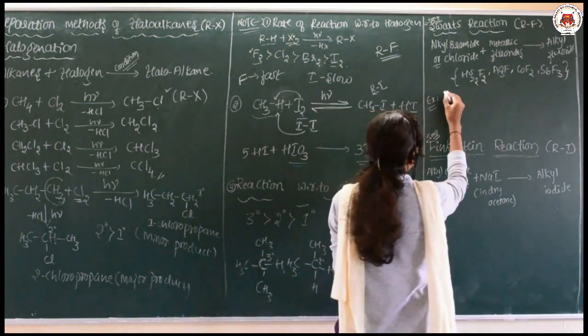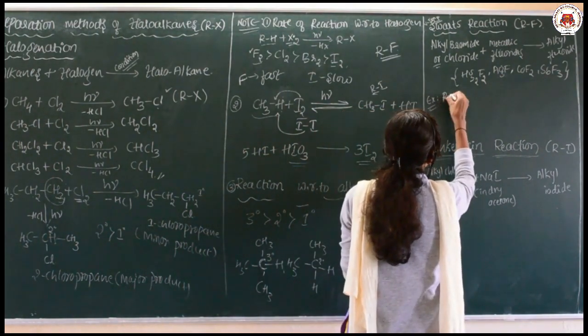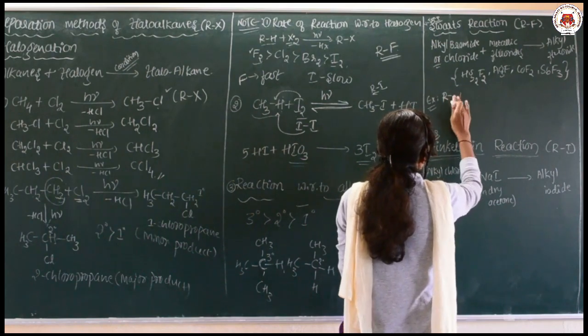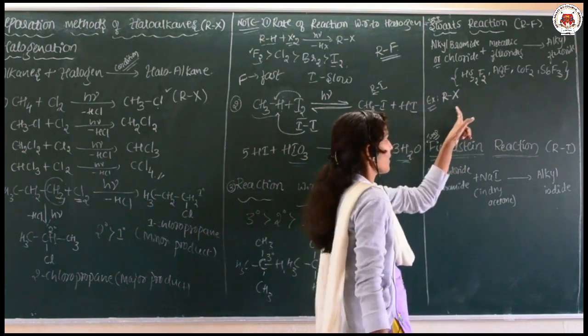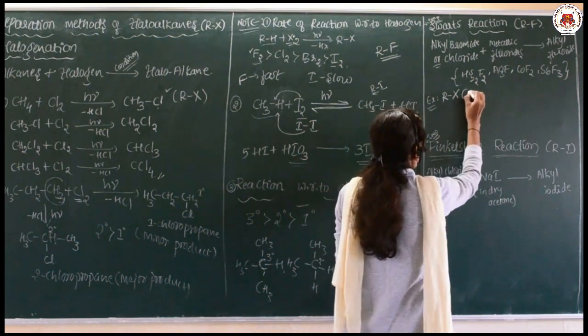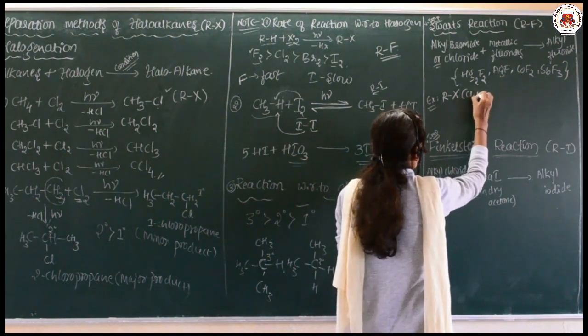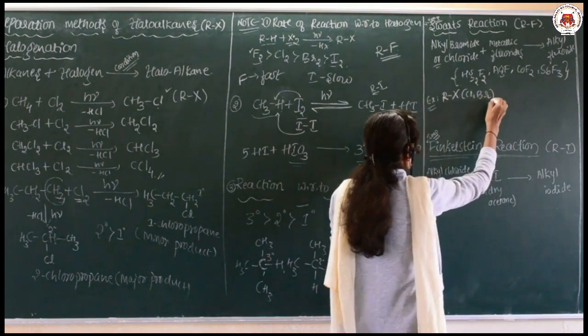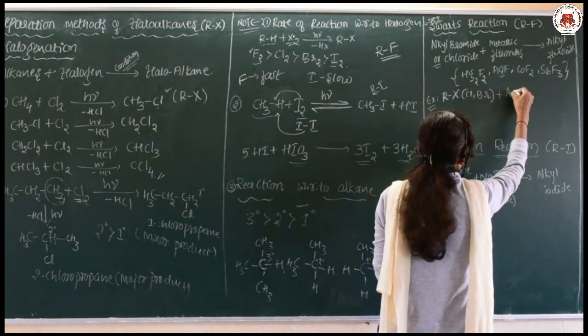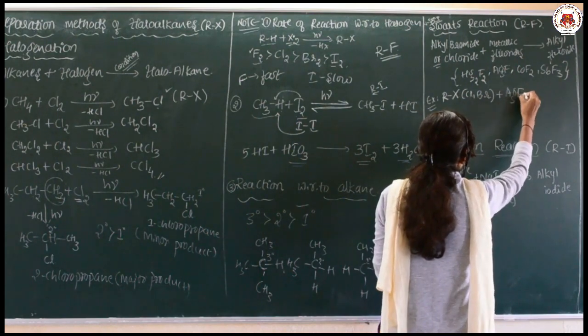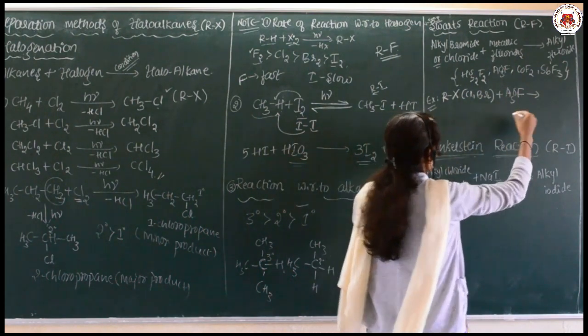Let me tell you generally, RCl, or you can take RX. This is the alkyl halide. This X may be either Cl or Br. When it is treated with, I will simply take the metallic fluoride as AgF, silver fluoride, what happens?